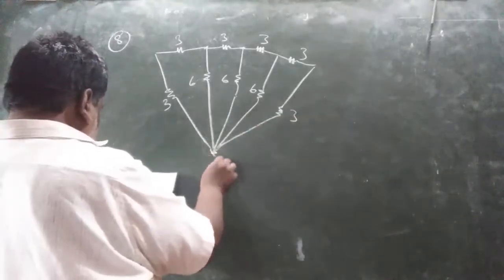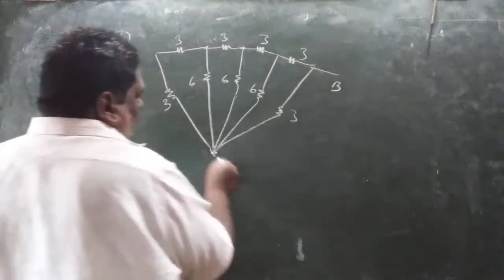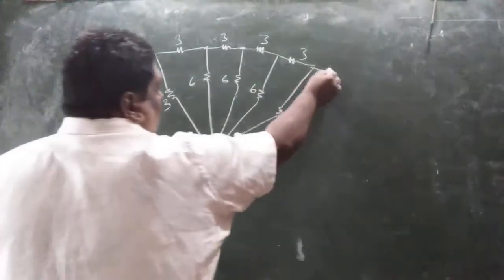Like this, resistances are connected, and the resistance is taken between A and B. Power is given at A and collected at B.